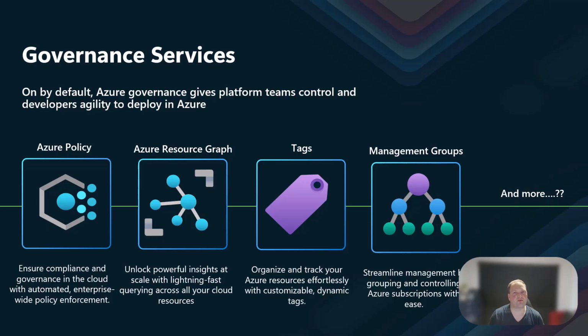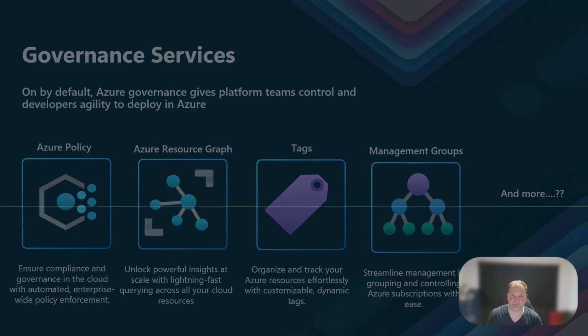So maybe it's time for a new kind of Azure group, one that isn't confined by deployment boundaries, one that lets you aggregate your resources across your entire cloud estate, whether it's by application, service, or whatever matters to you.